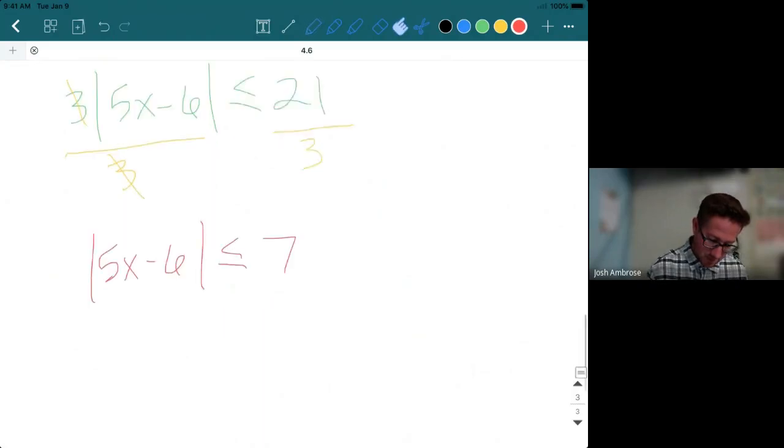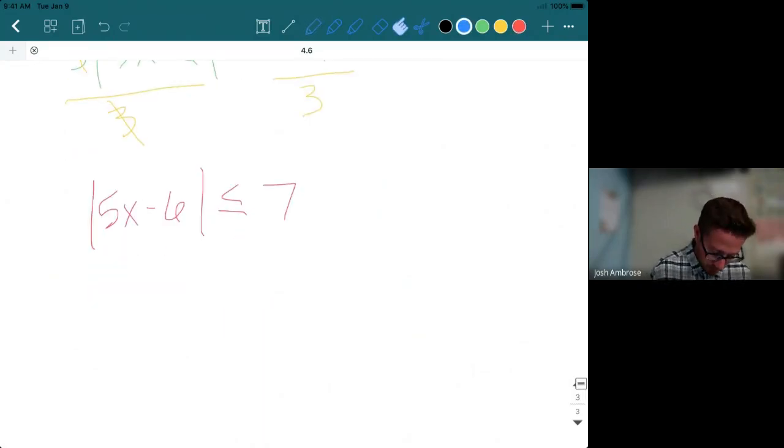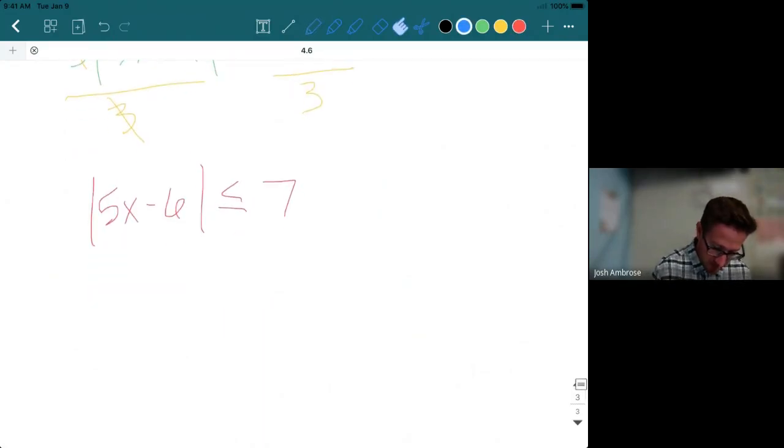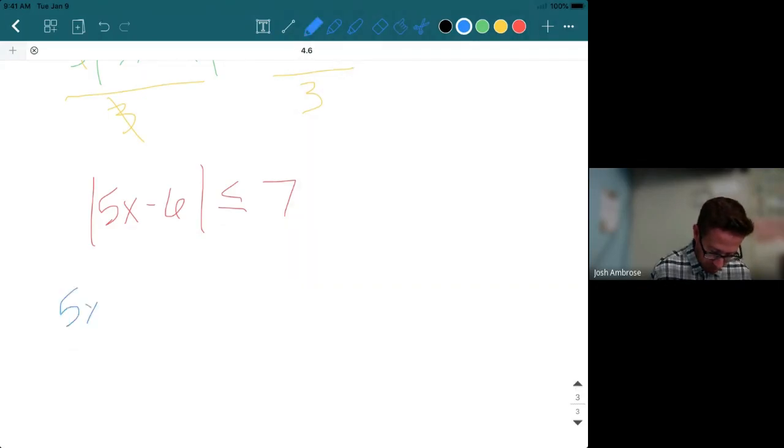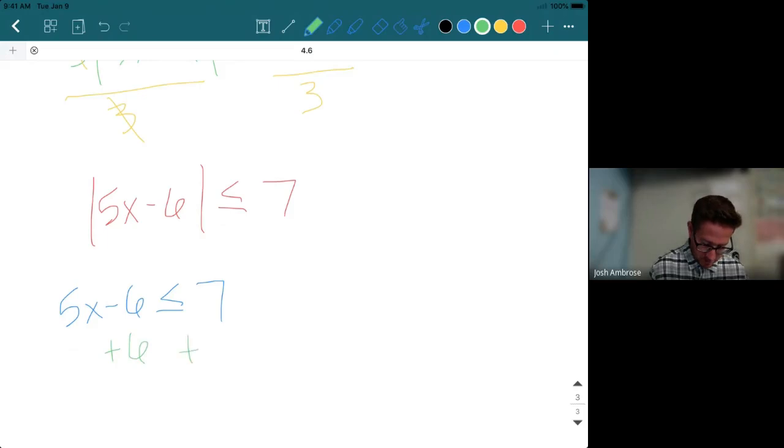Okay, so let's do the first one in blue. Write it as is. 5x minus 6 less than or equal to 7. All right, we add 6, we add 6. We have 5x less than or equal to 13.